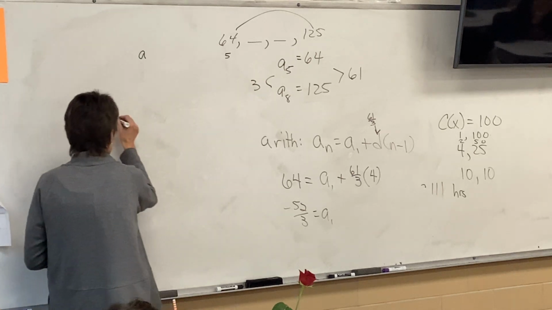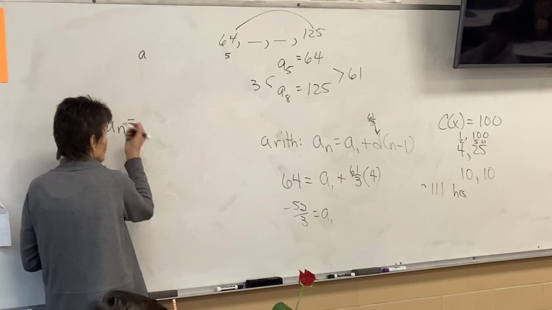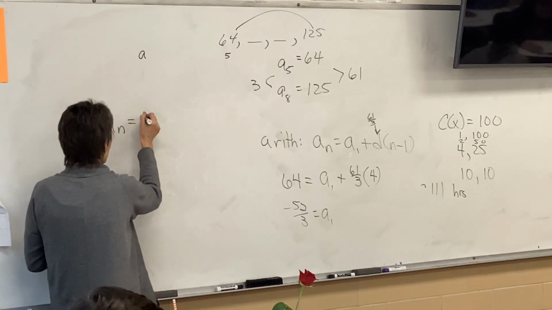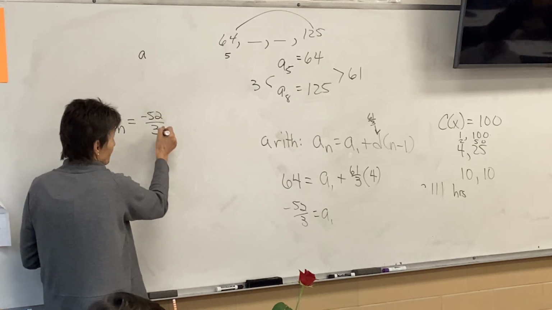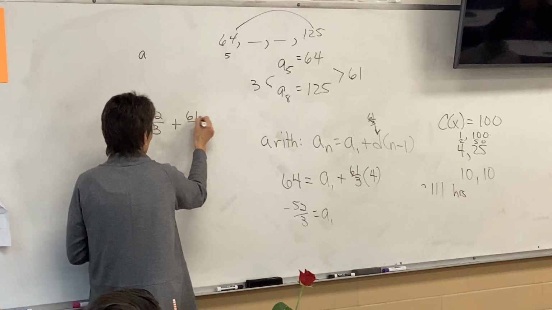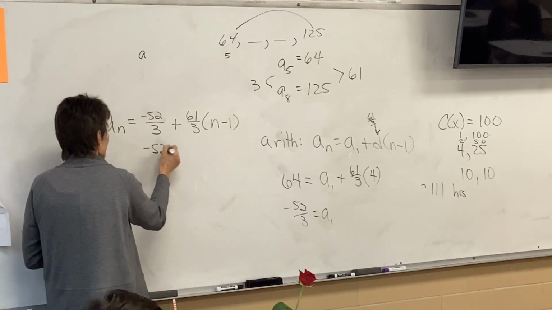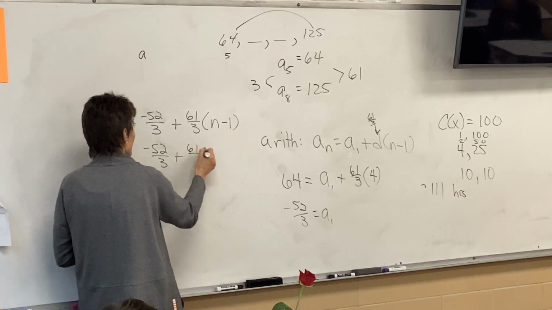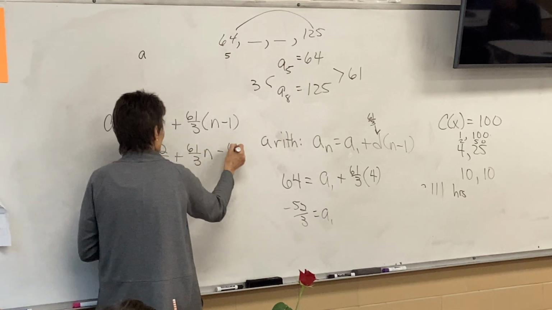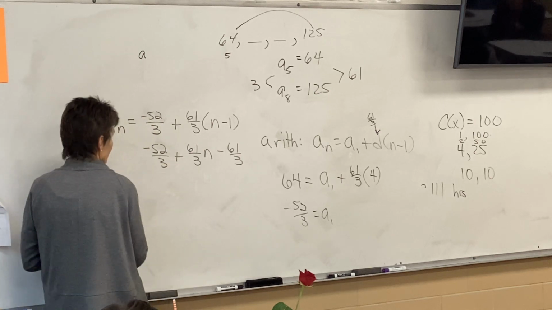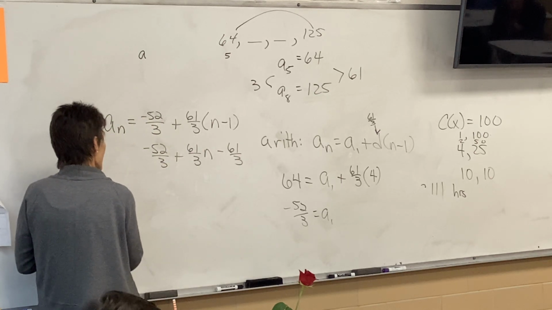So my formula would be, my nth term would be negative 52/3 plus 61/3 times n minus 1. So negative 52/3 plus 61/3 n minus 61/3. So what is that?